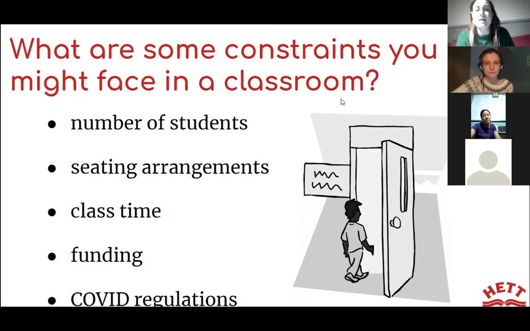So we're going to look at number of students, seating arrangements, class time, funding, and COVID regulations, because obviously right now, or in the future, COVID regulations might impact the classroom as well.